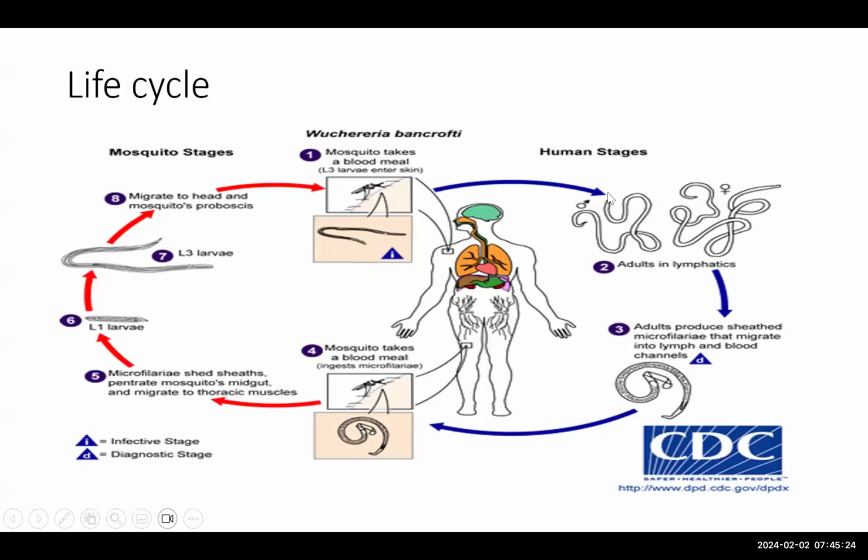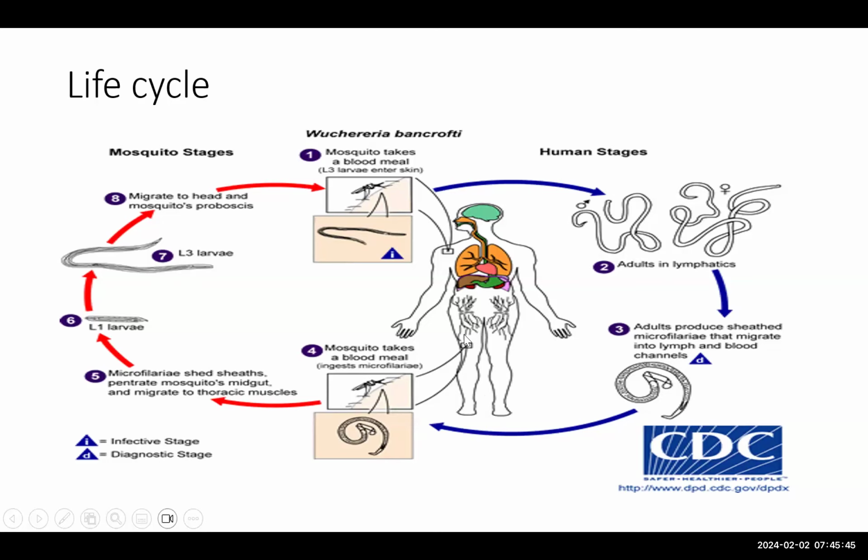This is the life cycle. So starting from when we have microfilaria in the blood, within the human, they mature into adult worms. There are males and females. The females are much longer. They produce millions of microfilaria in their lifetime, which circulate within the lymph, and in the night they come out into the blood.